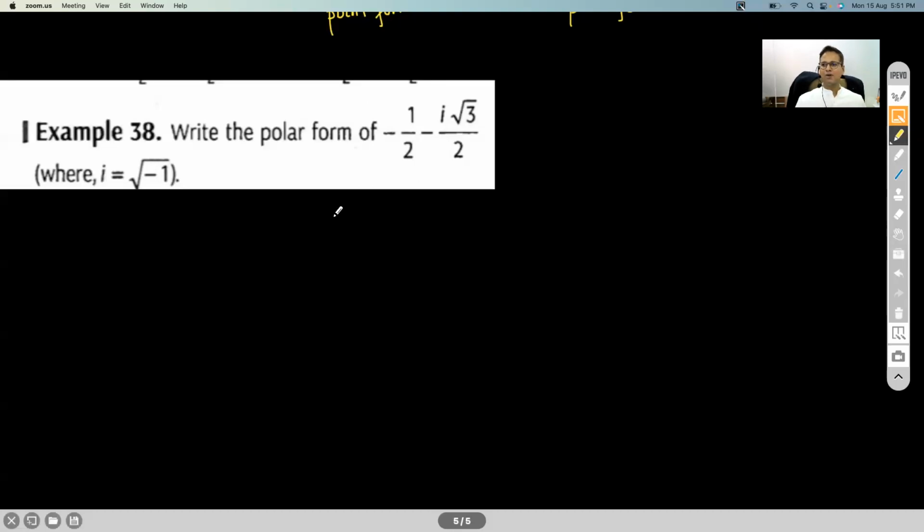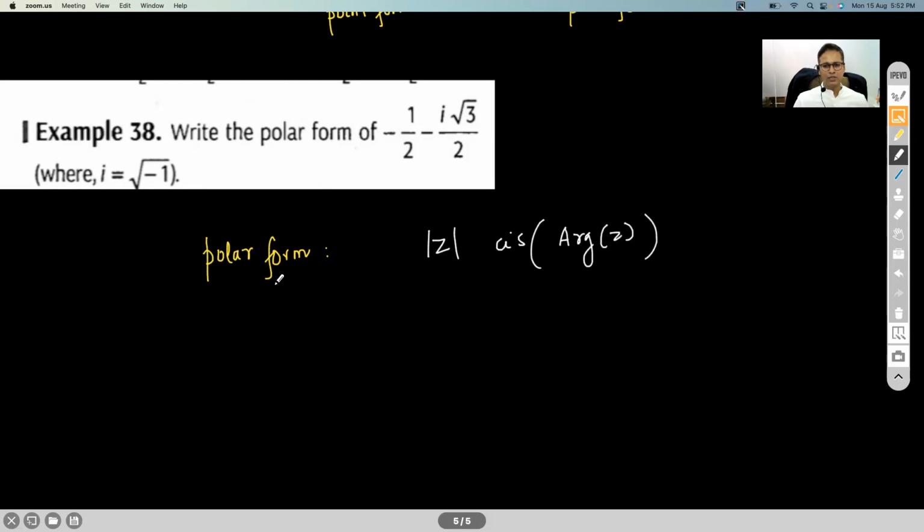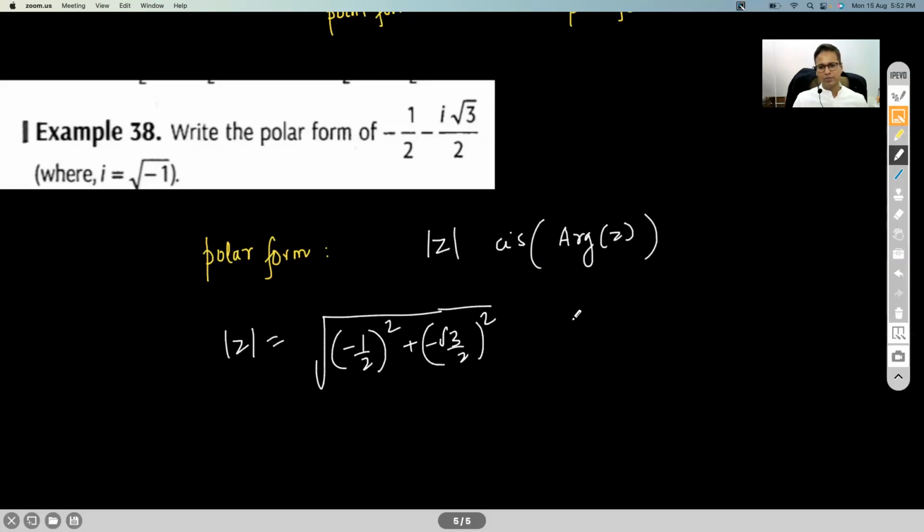See, let's use our formula here. In the polar form, the expression is mod z cis arg z, right? So what is mod z here? Mod z will be under root of half square plus negative root 3 by 2 square, so that's going to be 1/4 plus 3/4, which is 1.